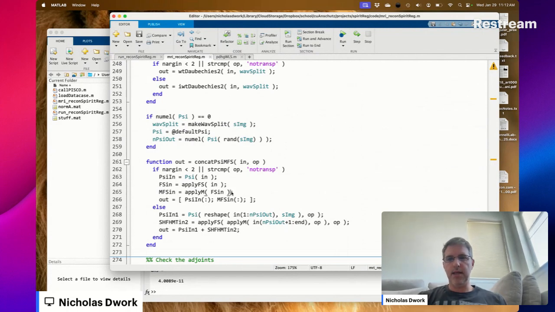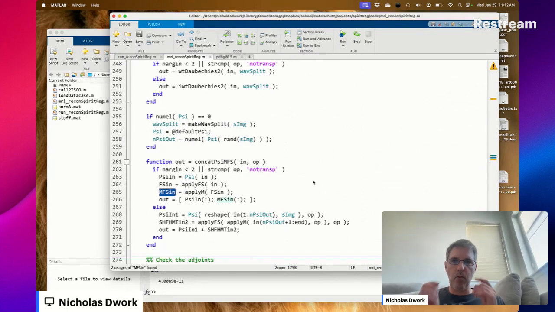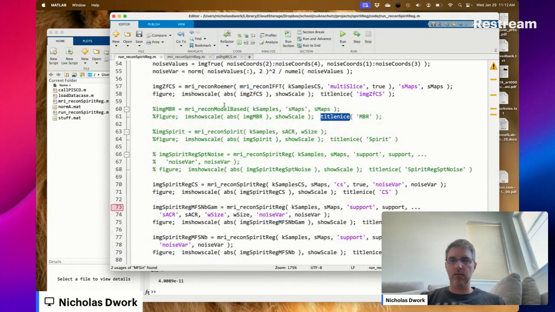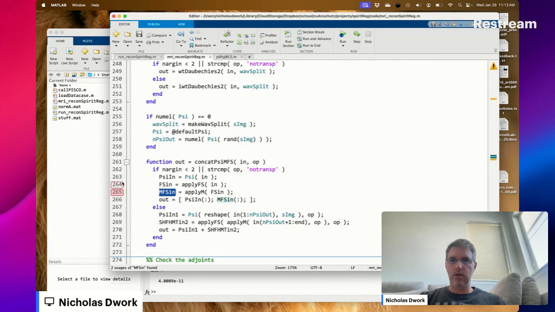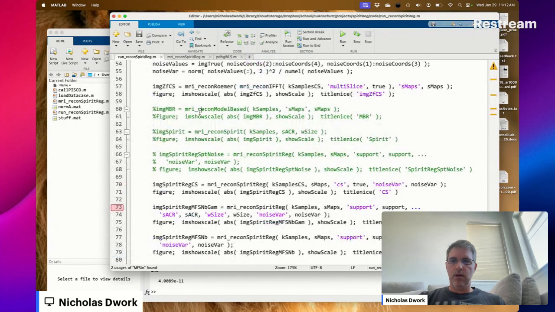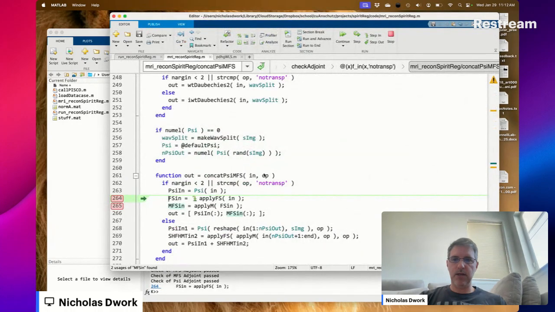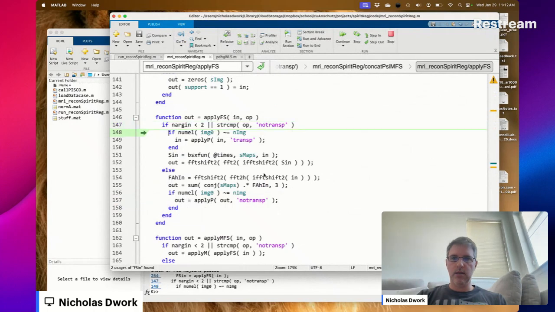So apply ADC is MFS. S might have P in it as well. No, it shouldn't because I didn't supply support, so it doesn't.